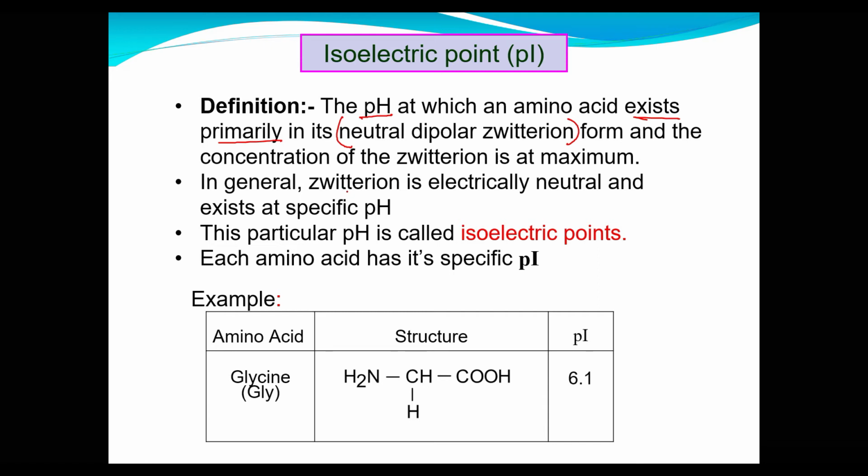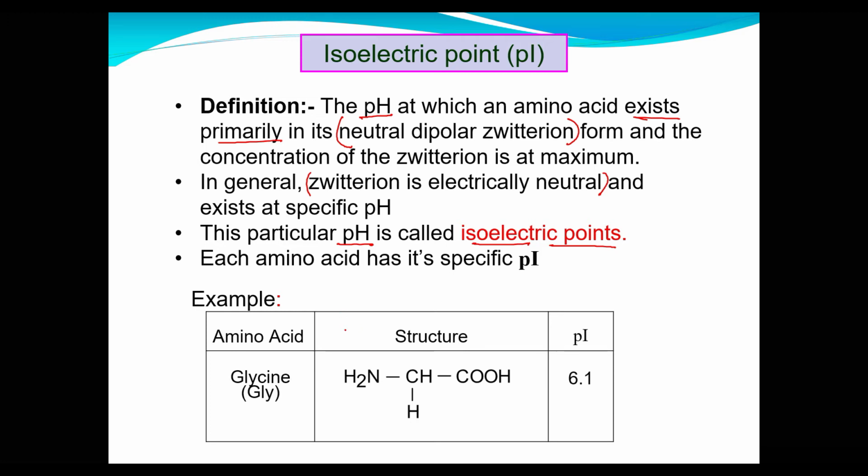As we know, the zwitter ion is electrically neutral and it exists at a specific pH, and this pH is called the isoelectric point. Each amino acid has its specific PI.